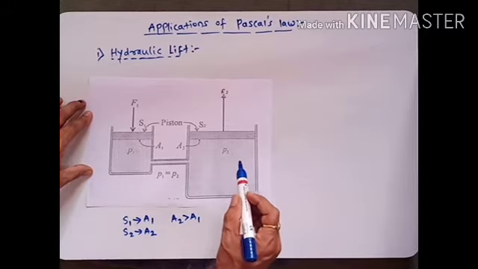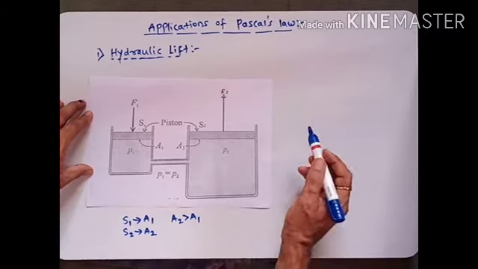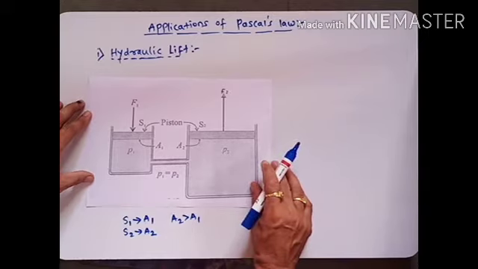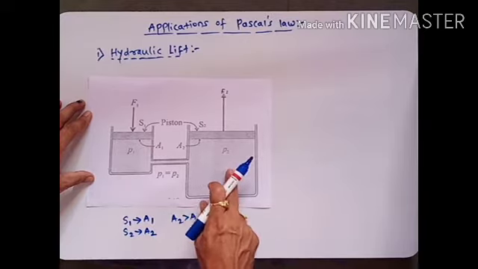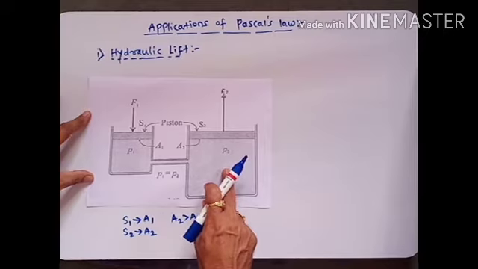Here we consider P1 is the pressure in the first cylinder having area of cross section A1, and P2 is the pressure in the second cylinder having area of cross section A2.